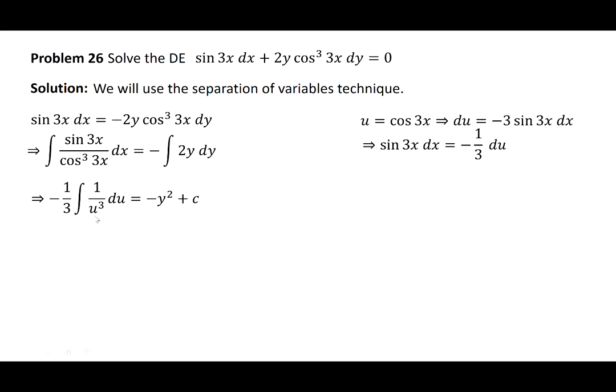And then it's a straightforward integral. The integral of u to the negative 3 du is u to the negative 3 plus 1 over negative 3 plus 1. And then plug back what u was. U was cosine 3x, so this becomes cosine square 3x. Cool? That's the idea.